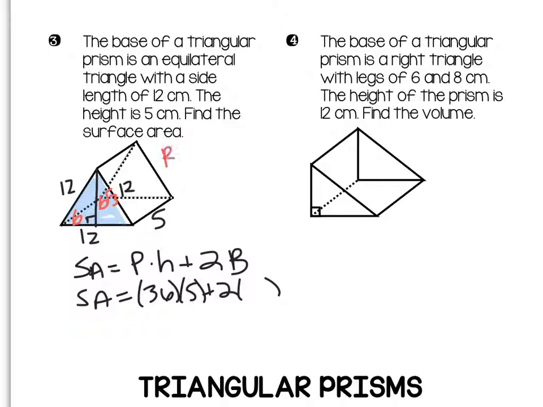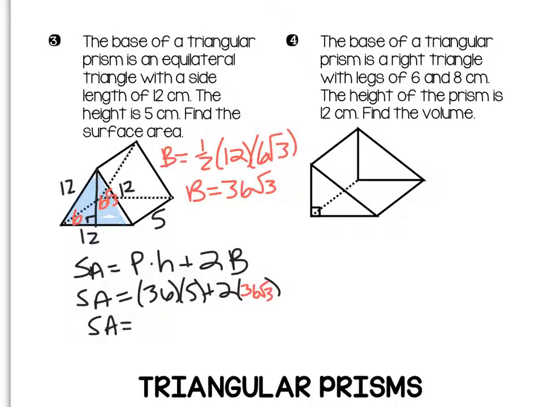So the area of my base is 1/2 base of 12 times a height of 6 square root 3, which is going to give me 36 square root 3. And now we're going to be careful with simplifying, because on this we're going to leave our radical in our answer, so you don't want to squish stuff together. I get 180 plus 72 square root 3.